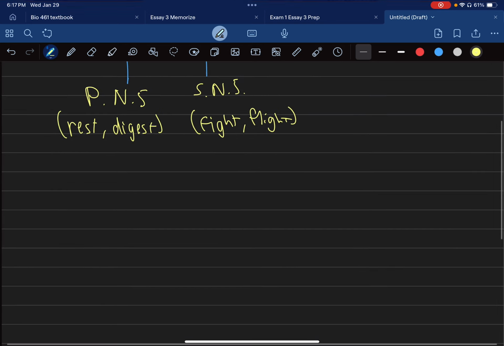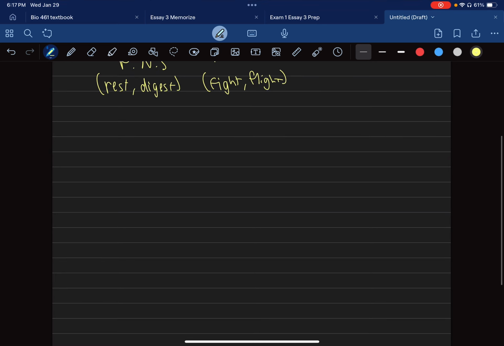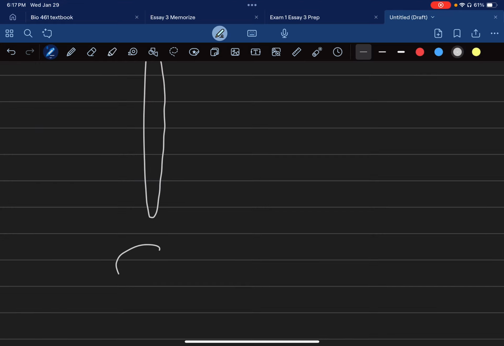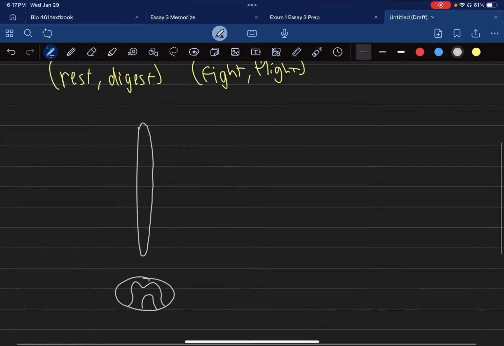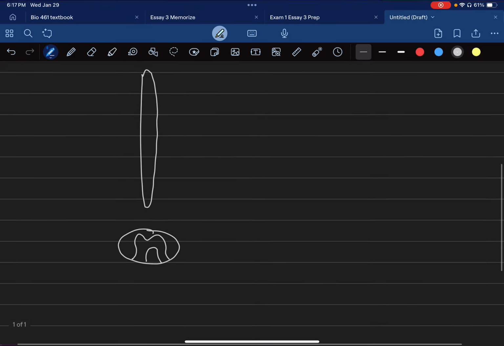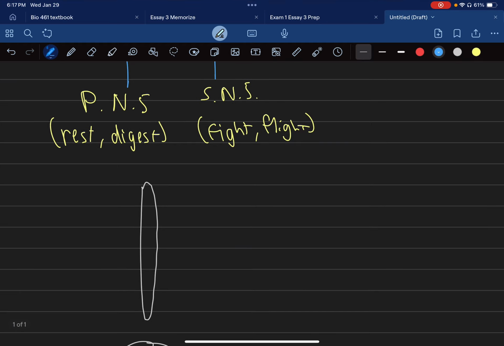Let's start comparing the parasympathetic and sympathetic nervous systems here. The place that they originate, if we draw our spinal cord here, and then a top view of the spinal cord, both the sympathetic and parasympathetic nervous system are going to originate in different places.